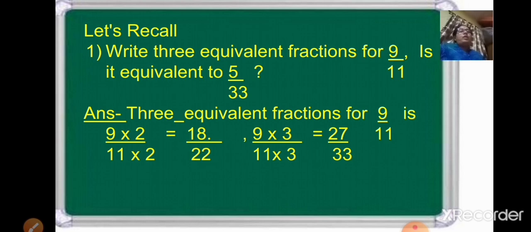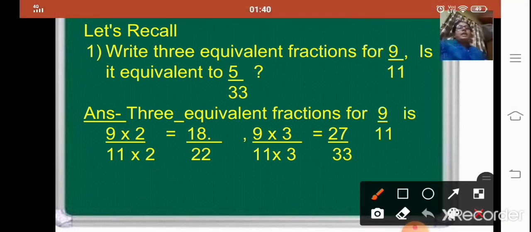For 9 upon 11, you all know that equivalent fractions are those fractions which represent the same or equal values. For 9 upon 11, you will multiply 9 by 2 and 11 also by 2. When you multiply by 2, you get 18 upon 22.